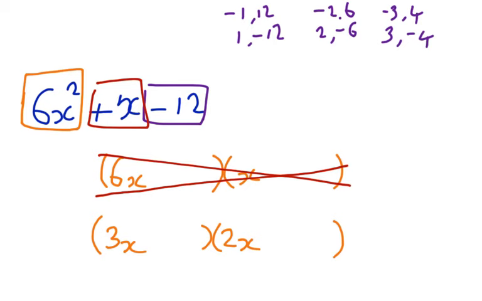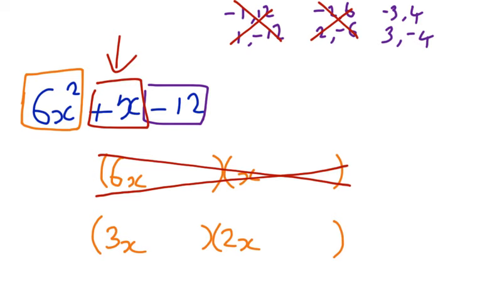So now let's consider the 3x and the 2x options. Again, we want there to be just a difference of 1 to get this plus x in here. If one of them was 12, we're either going to get 3 times 12 is 36, or 2 times 12 is 24, neither of which are close to the plus 1x, so they're not going to be useful. 3 times 6 would be 18, or 3, and that would not work. 2 times 6 would be 12, and again, we can't get to 1 with either of those.